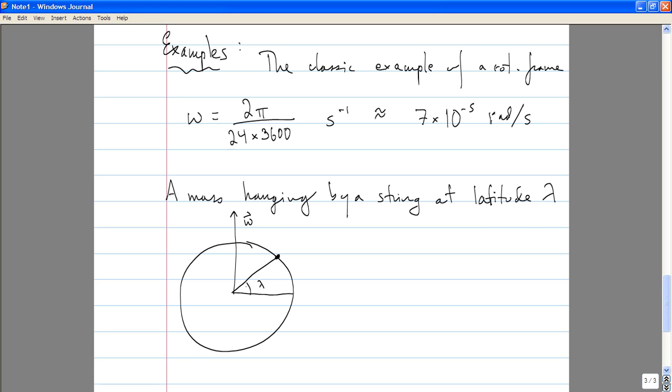And as my rotating coordinate axes, I will take the z-axis to be the vertical axis at the Earth's surface. I'll take the y-axis to point north towards the North Pole, the axis of rotation. And I'll take the x-axis to point straight down backwards into the blackboard.